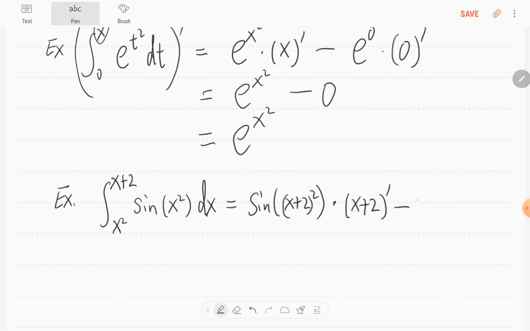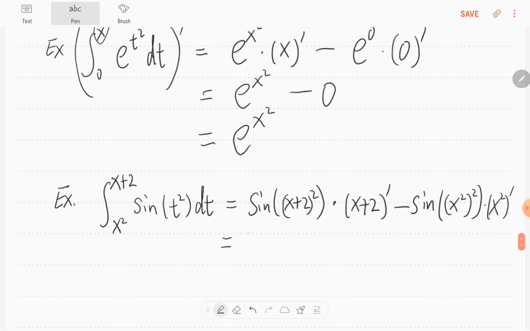Minus, plug in x squared: sine of x, replace t with x squared, so x squared squared, times the derivative of x squared.